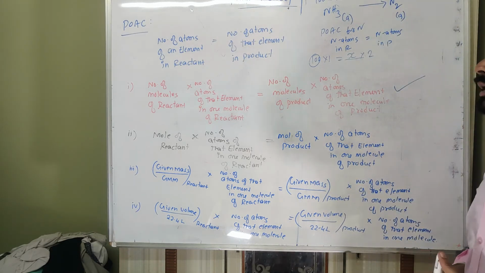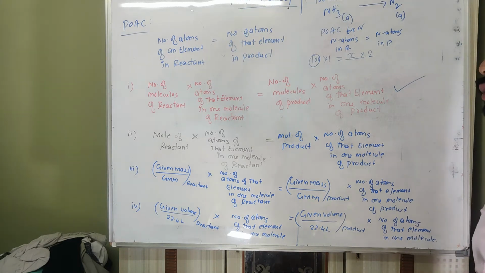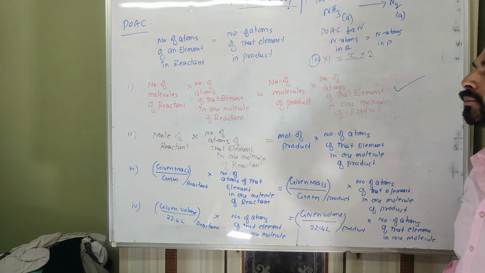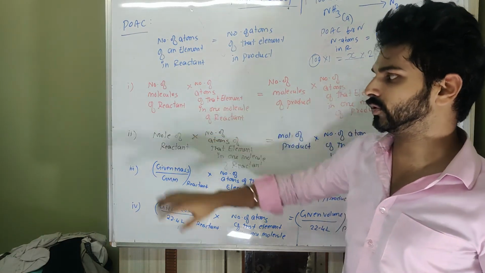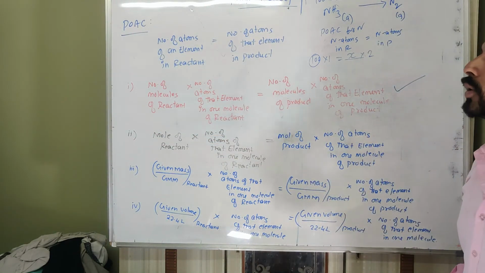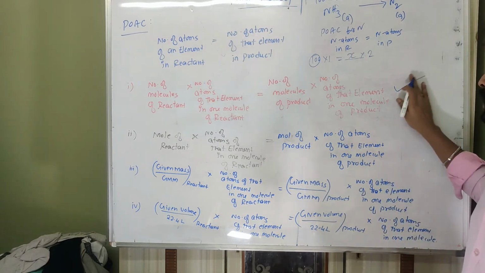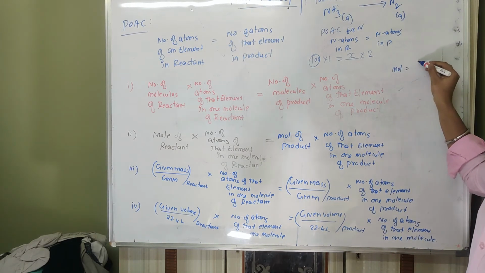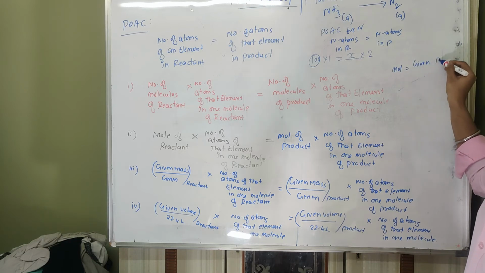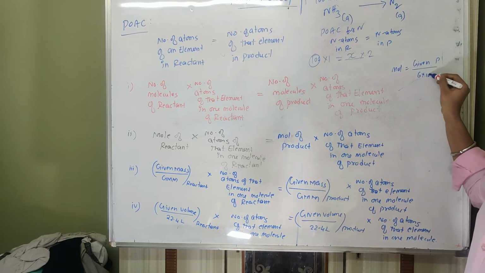Now if data is not in terms of molecules, if it is in terms of mole, then we have to convert this number of molecules into mole. And we know how to convert number of molecules into mole. We had the formula: mole equals given number of particles divided by 6 into 10 raised to 23.